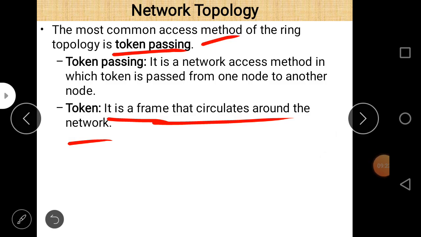Token passing is a network access method in which the token is passed from one node to another node. So data is not broadcast here. Data is sent to a particular node or a particular computer system.